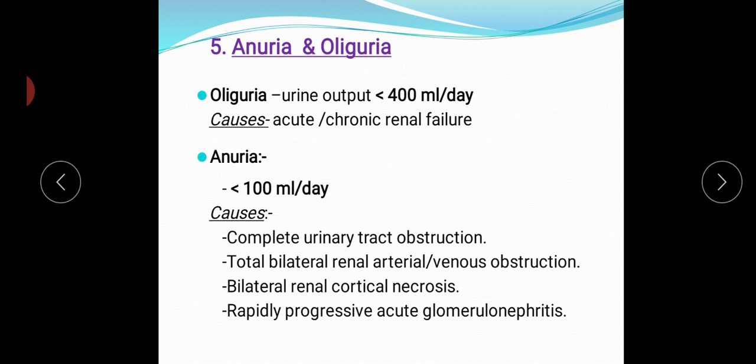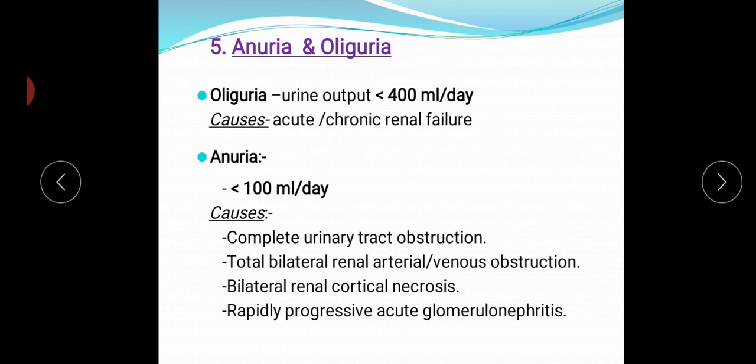It may be due to the conditions given here. Common conditions are complete obstruction of the urinary passage, maybe at the ureter level, the bladder level, or through the urethra. So complete urinary tract obstruction due to a stone or other conditions, or total bilateral renal arterial or venous obstruction that will block the blood supply to the kidney.